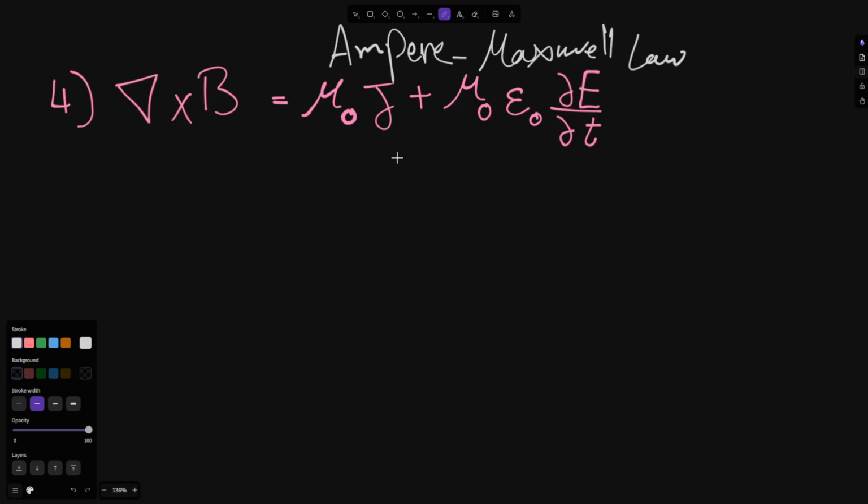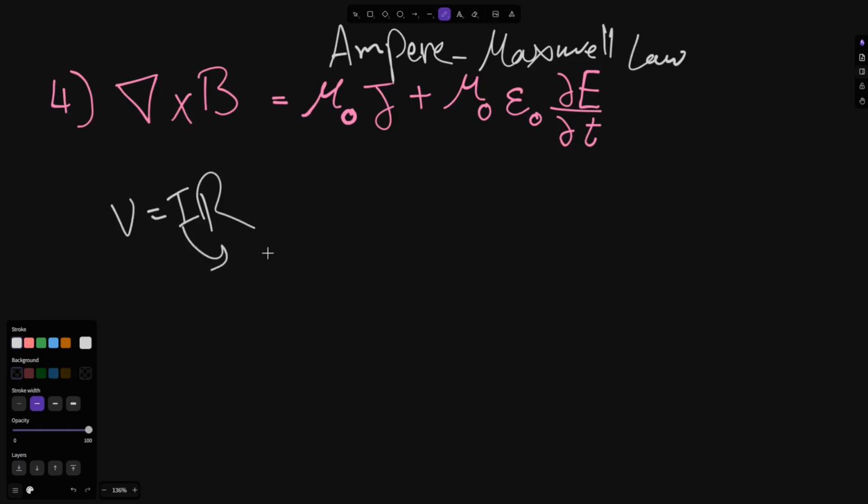Ampere thought that magnetic fields were only created by electric current. So electric current, which we call I. Yeah, we usually say that V equals IR.